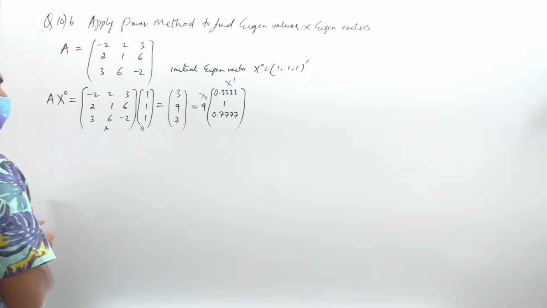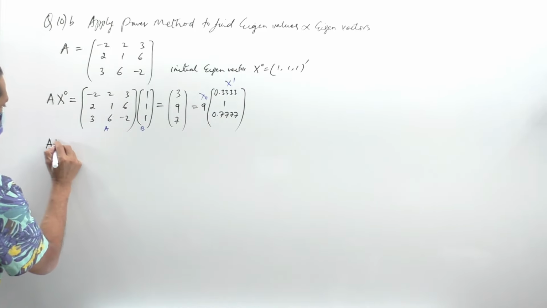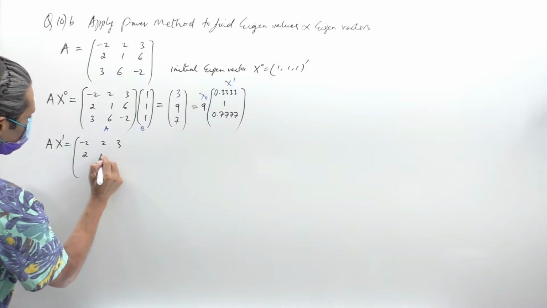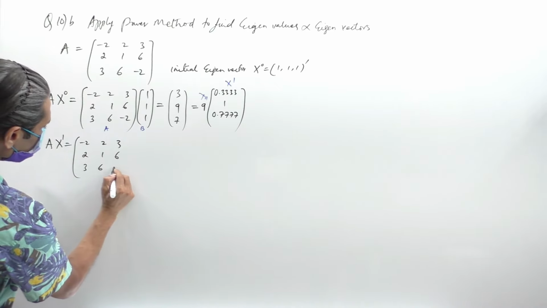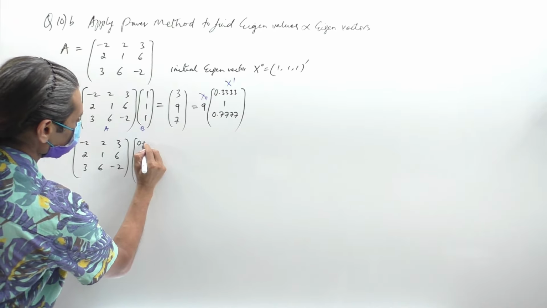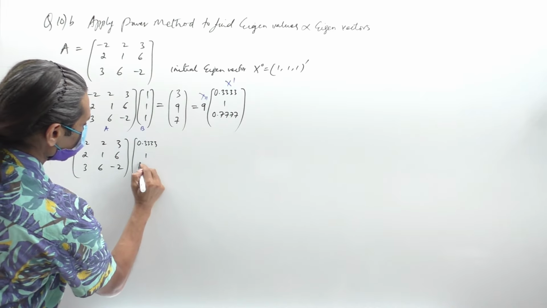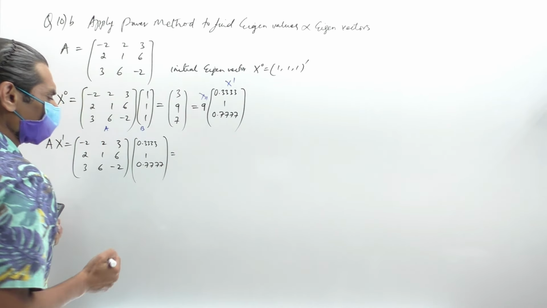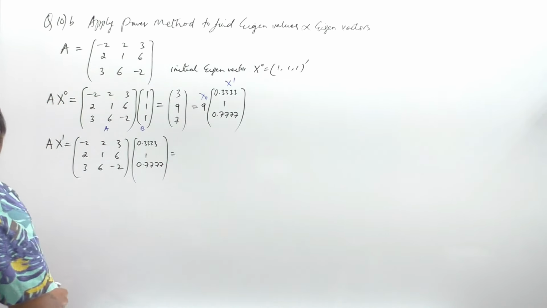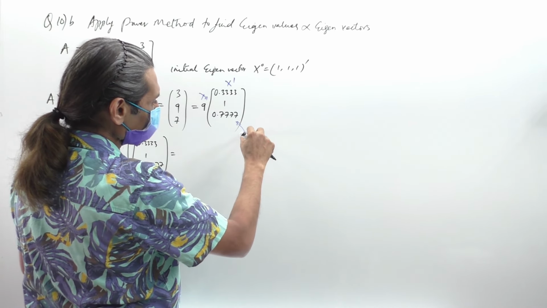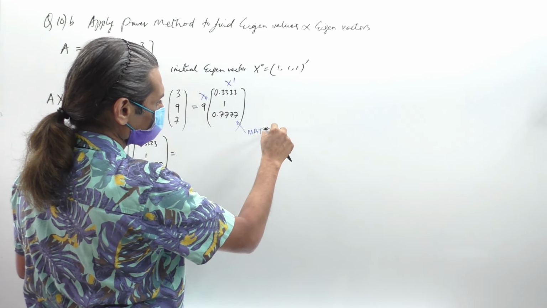Now again what we need to do is A into x1, so minus 2, 2, 3, 2, 1, 6, 3, 6, minus 2 into the new eigenvector 0.333, 1, 0.77. One simple trick I am showing you: as soon as I press execute, this value gets stored in matrix answer.